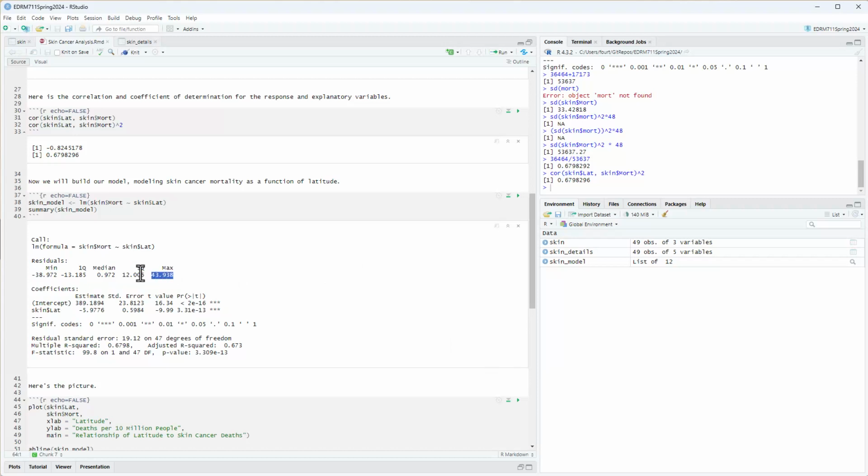So the smallest residual that we have, the minimum, is minus 39. Now remember, we're predicting mortality from latitude.